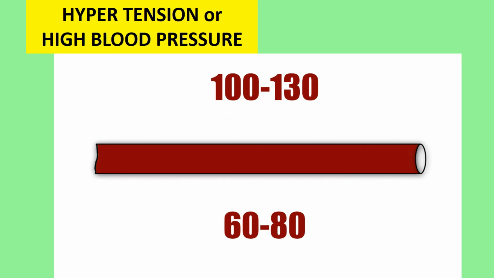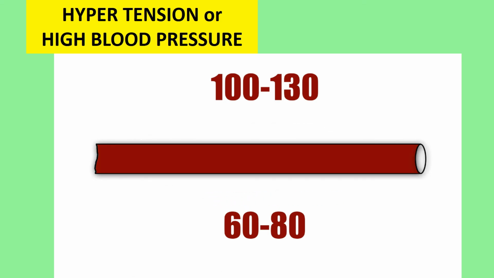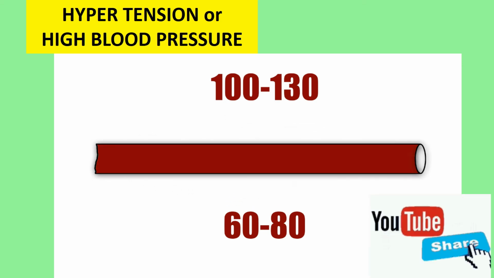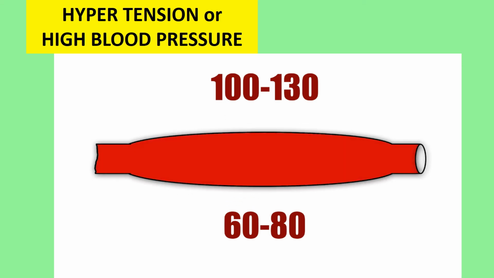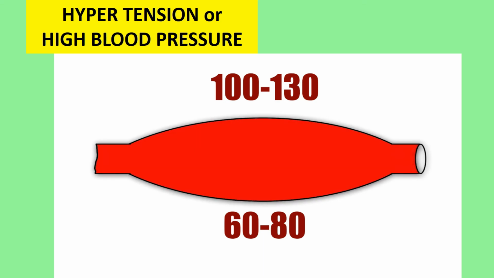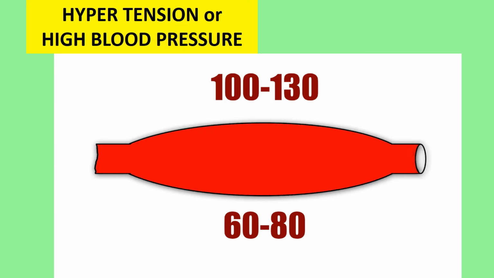During the systole, the blood pressure increases, but it is temporary. But in some persons, the blood pressure rises above the normal blood pressure of 120 by 80. This condition is known as hypertension or high BP.